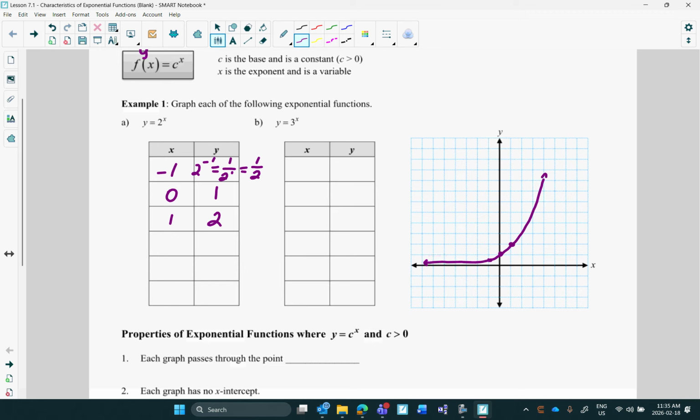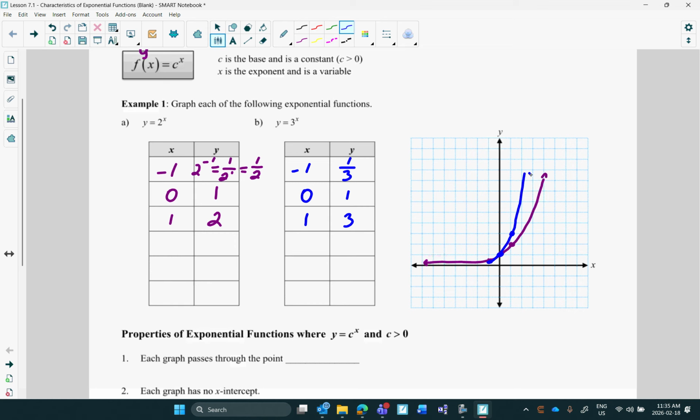If we did 3 to the x, and if I did -1, 0, and 1, well, 3 to the -1 is 1/3, 3 to the 0 is still 1, and 3 to the first is 3. So it's going to be a little bit smaller here. It's going to be the same value here, but it's going to be here.